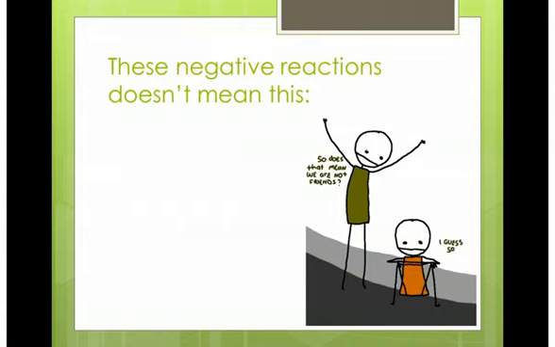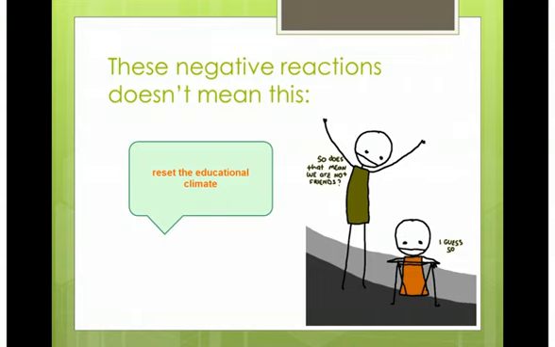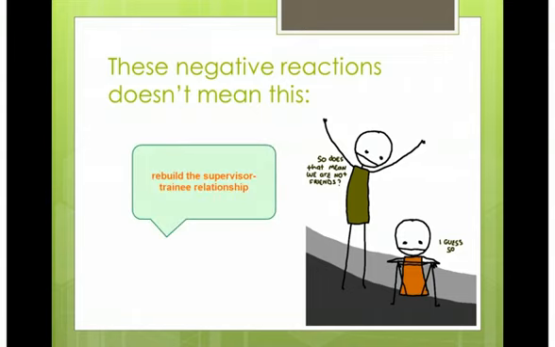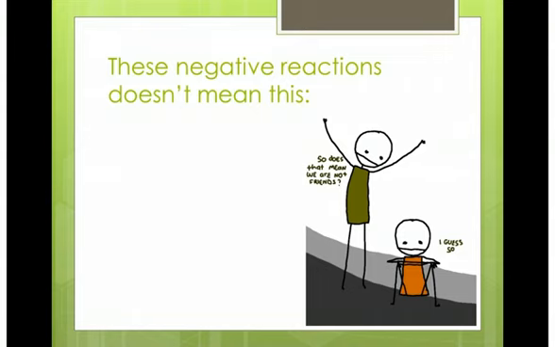Remember what I said at the start about having a trainee who shows some of these negative reactions. It doesn't mean that you throw in the towel. Instead, reset the educational climate and rebuild the relationship between you and the trainee. Just start to talk to the trainee. The first step is just to talk to each other about it and see how you can mend the relationship.